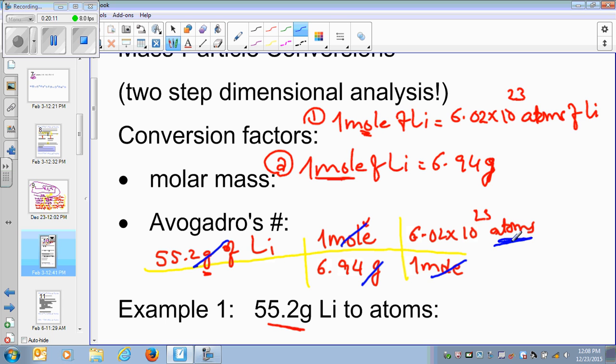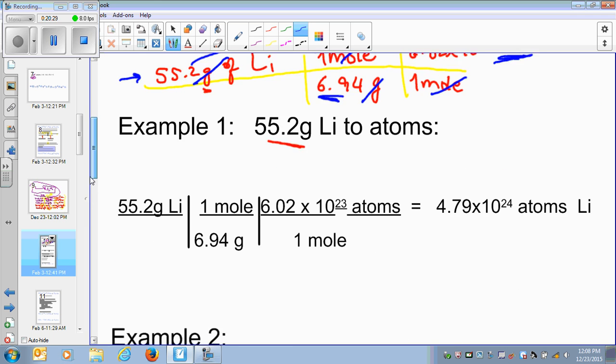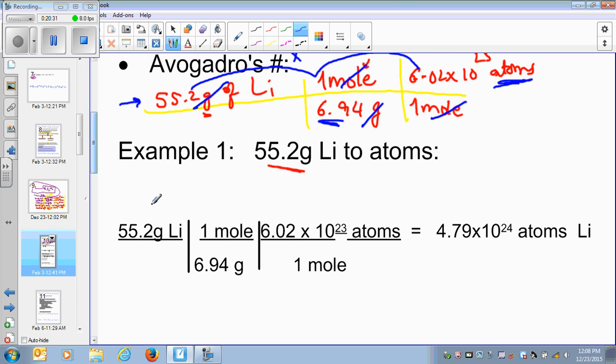The only unit left is atoms. I multiply this with 1, I multiply this with 6.02, and I divide by this. Or you can divide and then multiply, doesn't really matter. But basically you multiply all across and you divide by the numbers in the denominator, and your answer is going to be 4.79 times 10 to the 24 atoms.